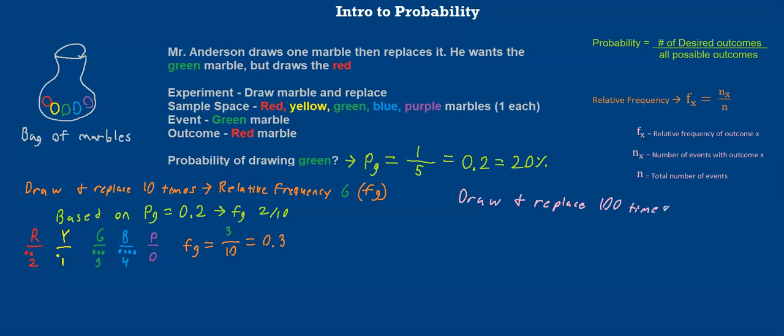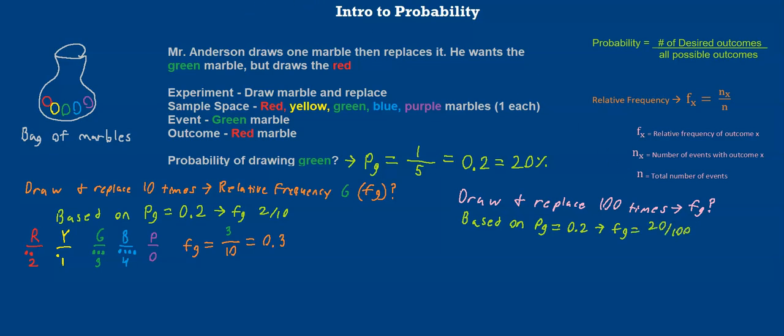What would happen to our relative frequency of green then? And we should probably add a question mark to this. And I just noticed that I didn't add a question mark to this one, so we can go back and do that real quick. Based on our theoretical probability, P of G, which is still 20% or 0.2, we should expect our frequency to be 20 times out of 100.